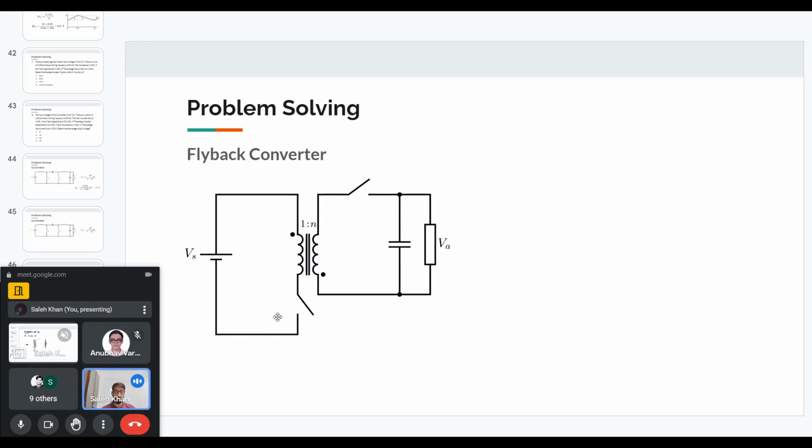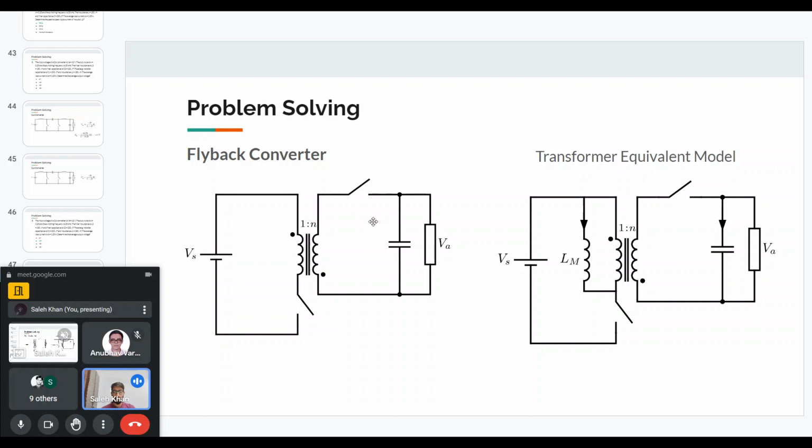When we turn on one switch, that is the 0 to D interval, and then we will turn on the other switch, or it will be turned on by the circuit itself. So that is the 1 minus D interval.